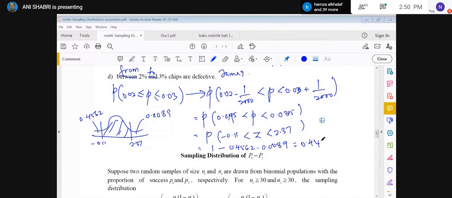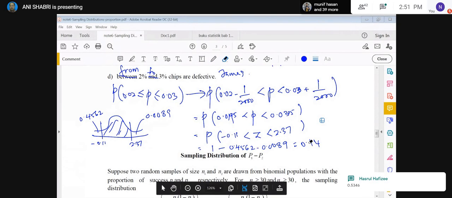Lain. Jawapan lain ni James, yang awak ni salah ni James. Awak ni salah ni.